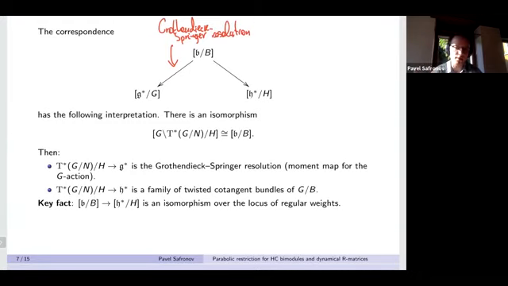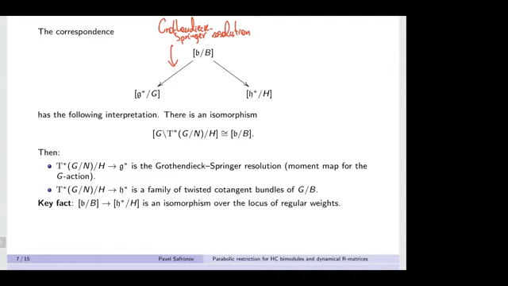So one map is the Grothendieck-Springer resolution, the other map is a family of twisted cotangent bundles. And an important fact that I will mention again later at the quantum level is that if you look at the map on the right and you restrict to an open subset of regular weights, so if you look at this map generically, then this map is an isomorphism.